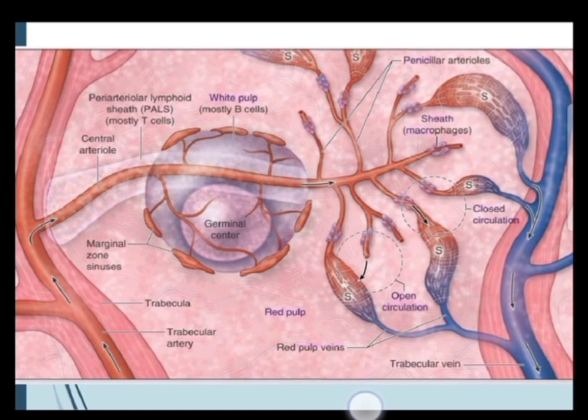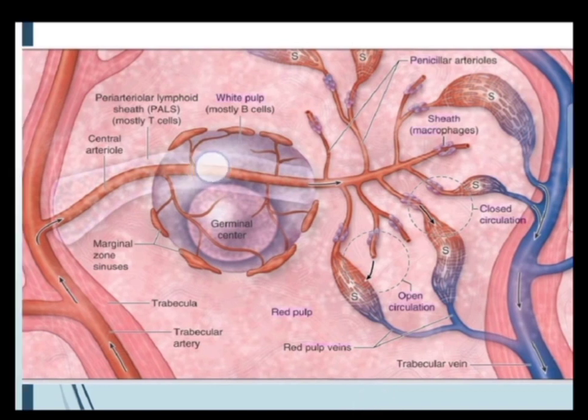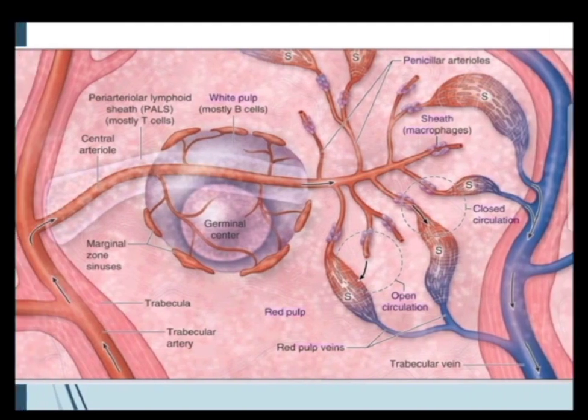Now this artery, the branch of the pulp artery, has become so thin that it has become an arteriole, and this arteriole passes through the lymphatic nodule eccentrically, avoiding the germinal center.